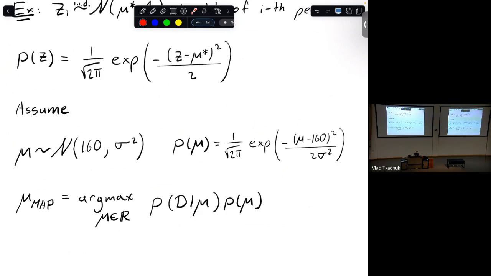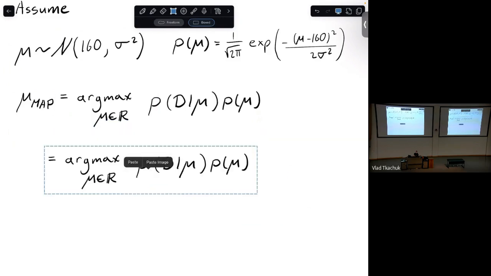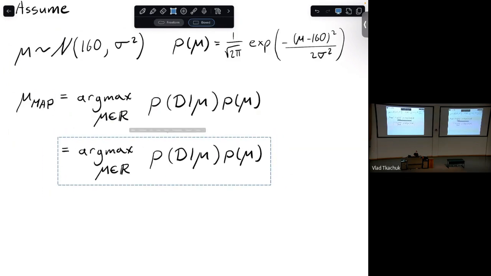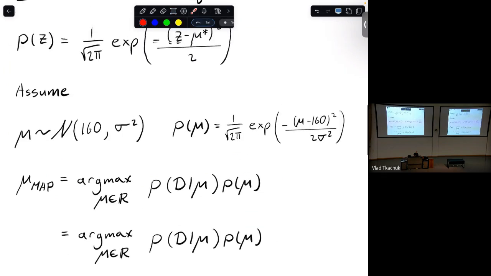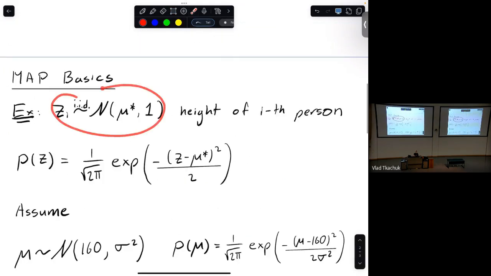Okay. How does this procedure work? Well, we've seen this before. So first thing is we want to expand the likelihood to this product of things because, if you remember, the data is IID. These things are IID.